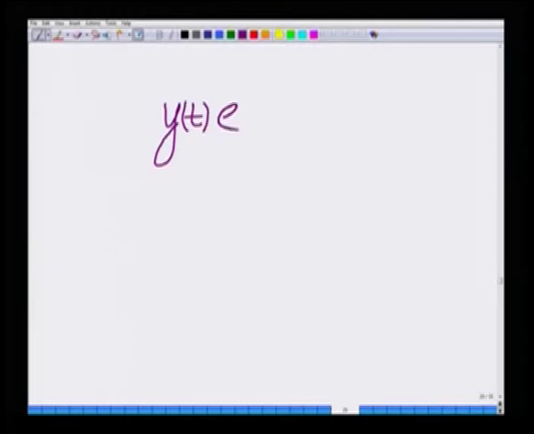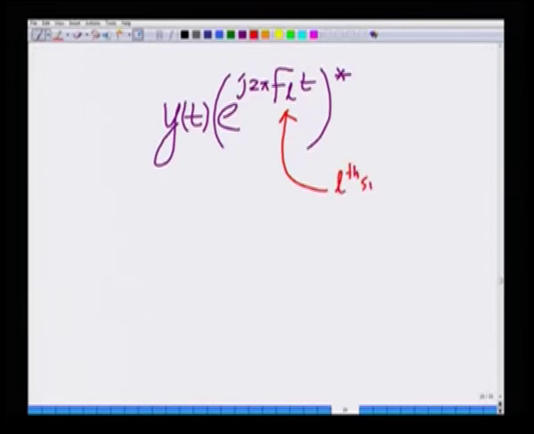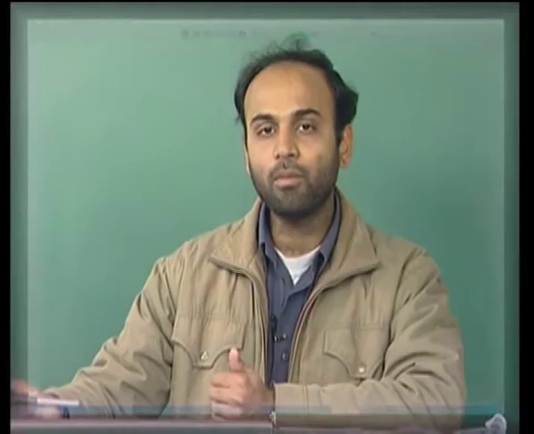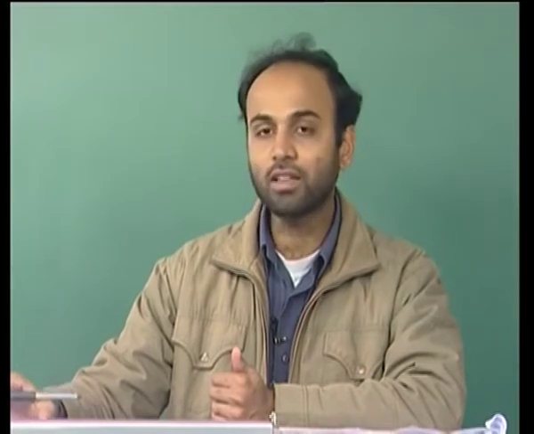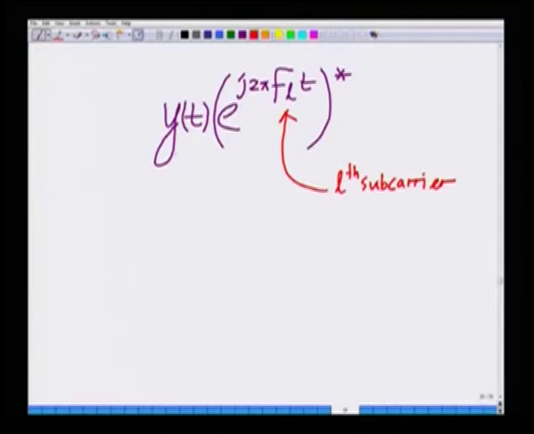I am going to correlate it with e to the power of j 2 pi f_L t, conjugate, which is nothing but the Lth subcarrier, and I am multiplying with the conjugate, which is in fact a matched filtering kind of operation. This is nothing but a correlation.